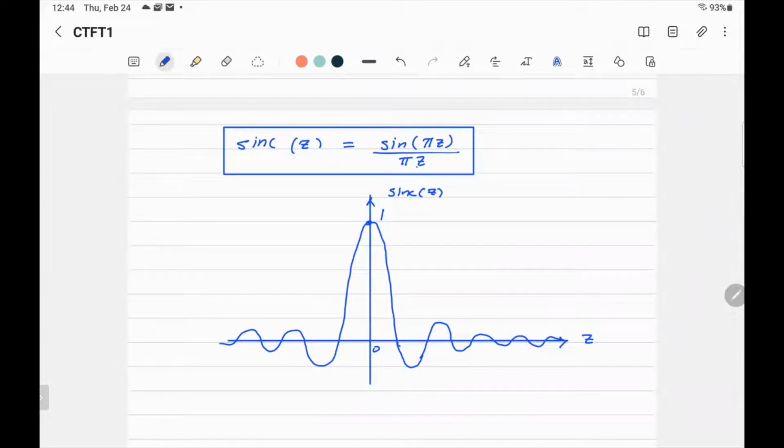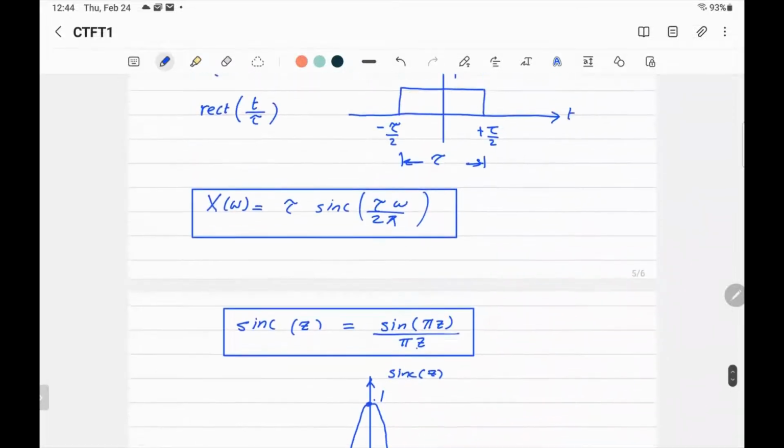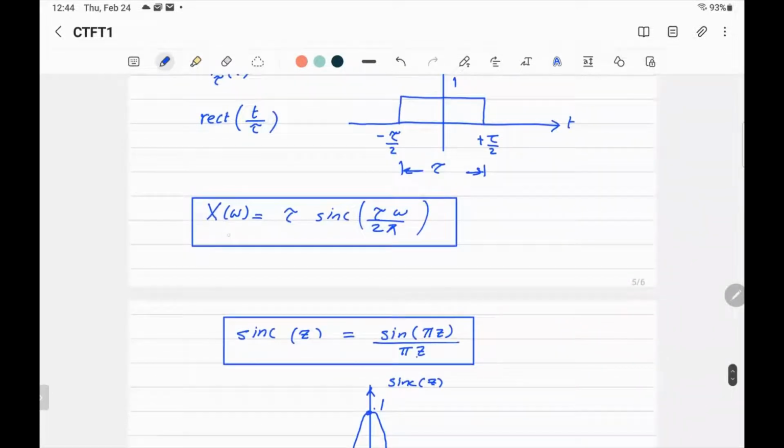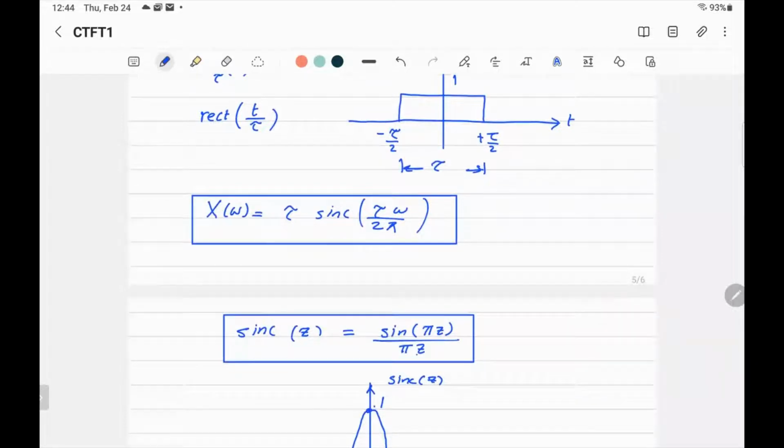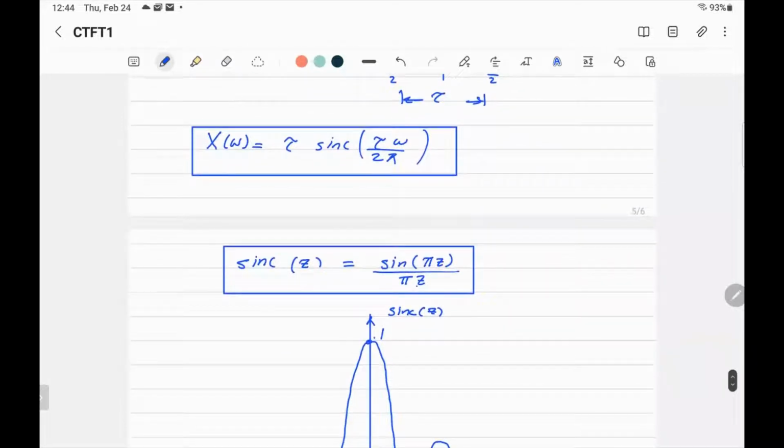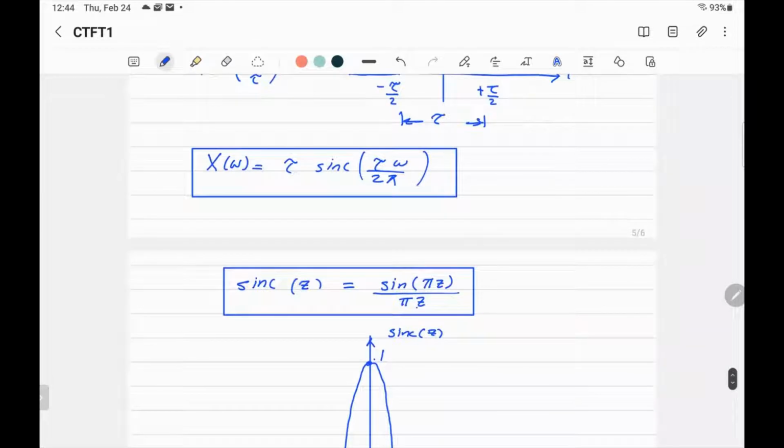You observe that the amplitude of the frequency spectrum is at its highest value when the frequency is equal to 0. And every time you increase the frequency, because it's X of omega, and omega is the frequency. I was just showing the z in general. But that's what you got, tau sinc of tau omega over 2 pi. So that's the sinc function of omega.